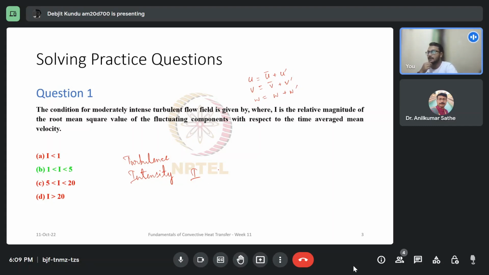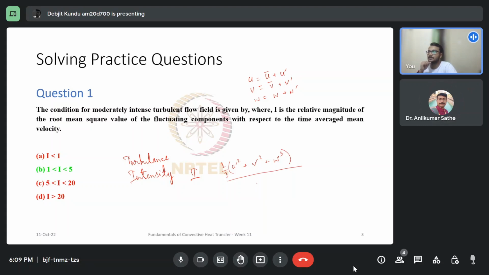Now, if I take the sum of the squares of these fluctuating components and take the mean of all this, since there are three dimensions, we have to divide this by 3, and we also have to take the ratio with the time average mean velocity.